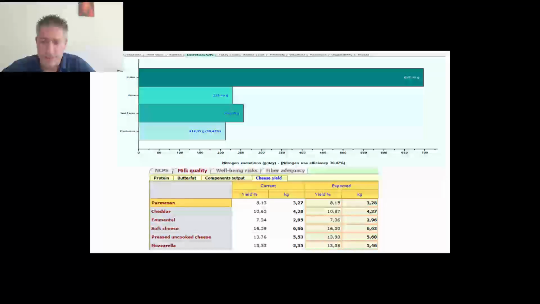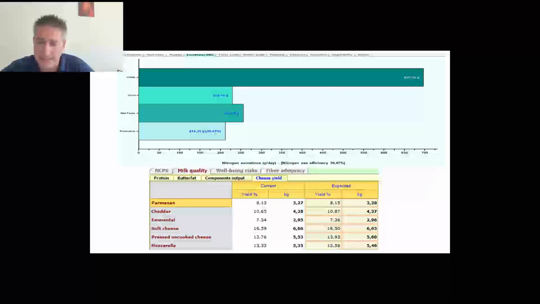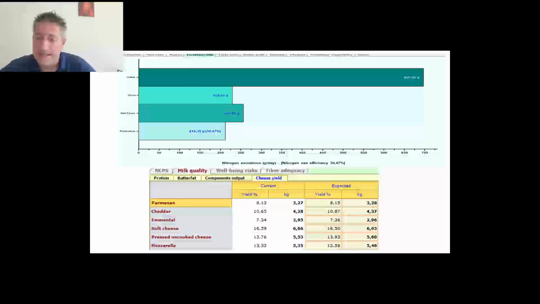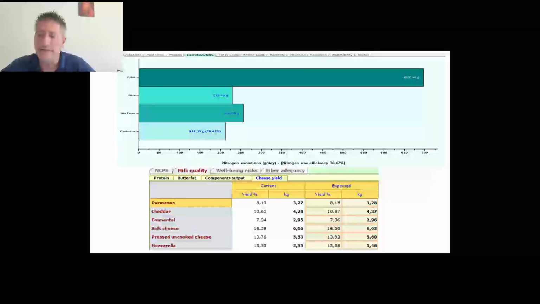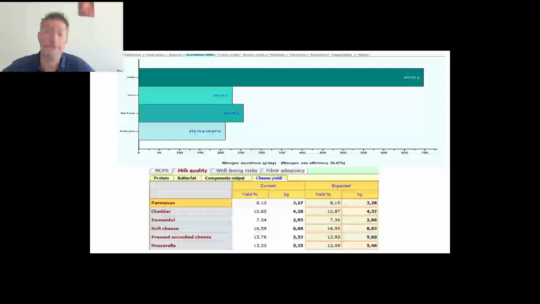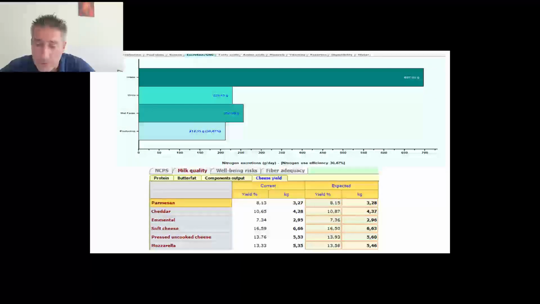Then in the next slide, we see that we have here 30.47% of nitrogen efficiency, because the productive part is 200 grams used in the milk.